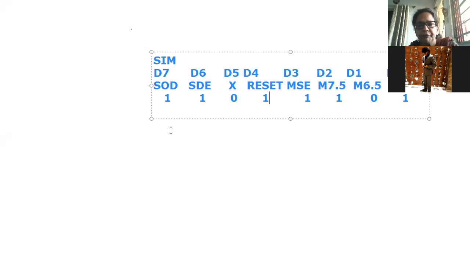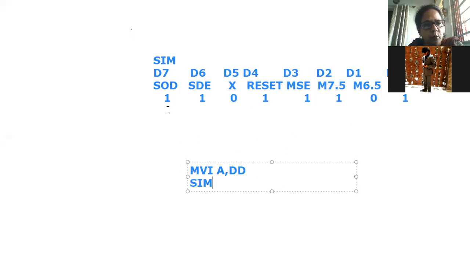And for example, if I say MVI A, D, correct? That means I have set the accumulator contents to DD, and now if I say SIM, that means 1 will be sent at the SOD pin, and 7.5 and 5.5 are masked.